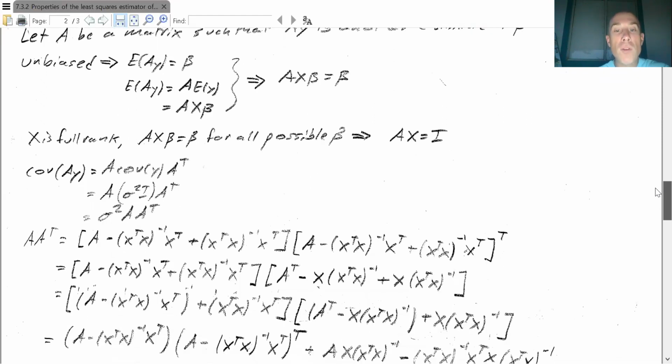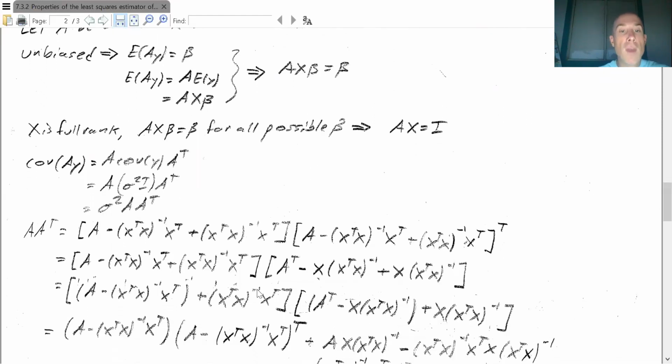Now I'm going to put parentheses around this part, and the same part over here. I'm going to treat the part inside each set of parentheses as a matrix, leave this part alone, and do matrix multiplication using the distributive property of matrix multiplication.